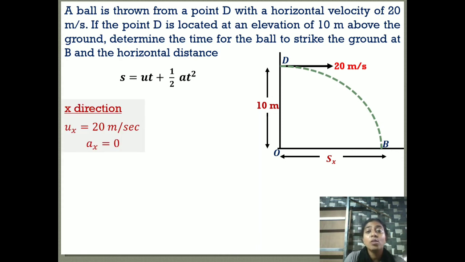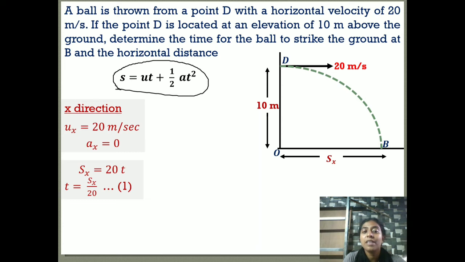Taking the horizontal direction, the horizontal velocity is 20 meter per second and acceleration is 0. So Sx is equal to 20t. Substituting in the equation, the horizontal distance is Sx, time is t and acceleration is 0, so this term becomes 0. Now we get t is equal to Sx by 20.